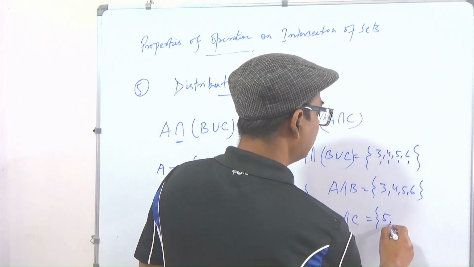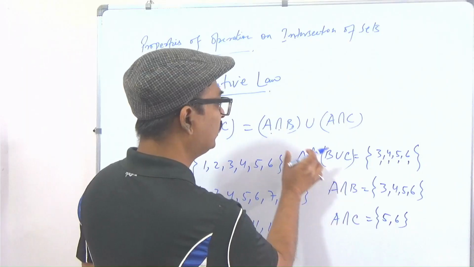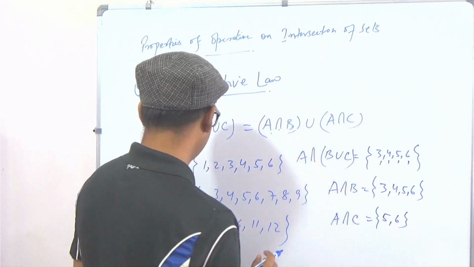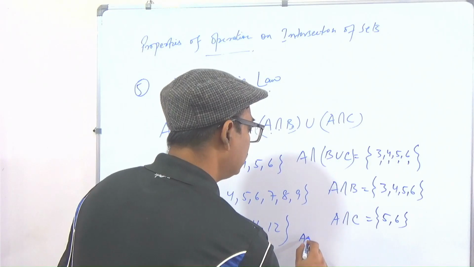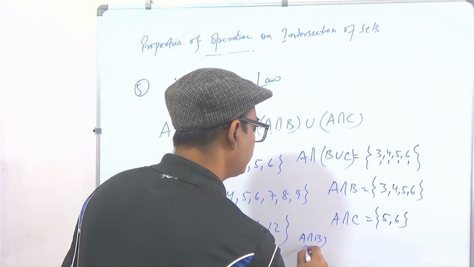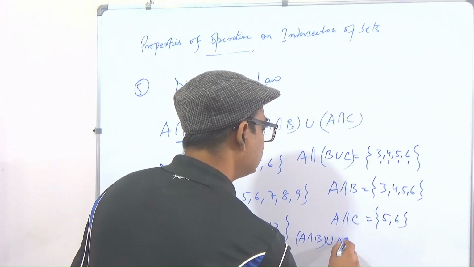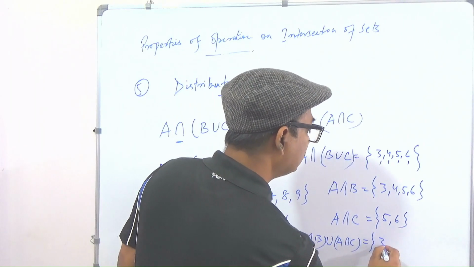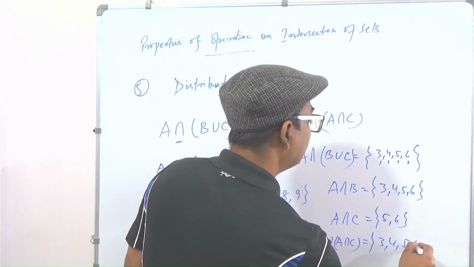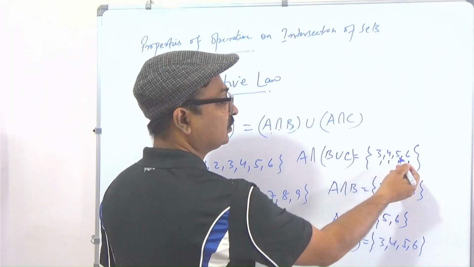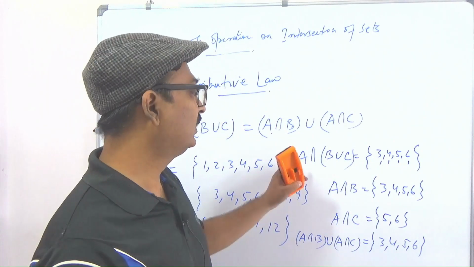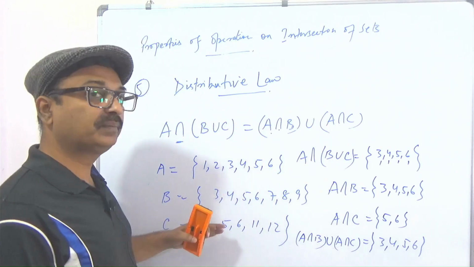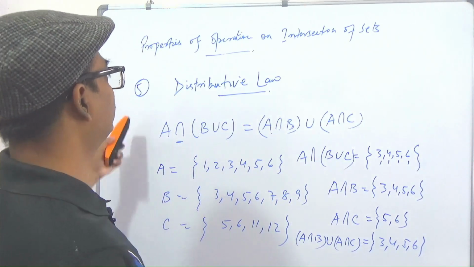So this is 5 and 6. What if we take the union of these two, that is, A intersection B union A intersection C? 5, 6 is common, so what do we get? 3, 4, 5, 6. And we have this also, 3, 4, 5, 6. Therefore, this is equal to this. So through this example, we have verified the distributive law.